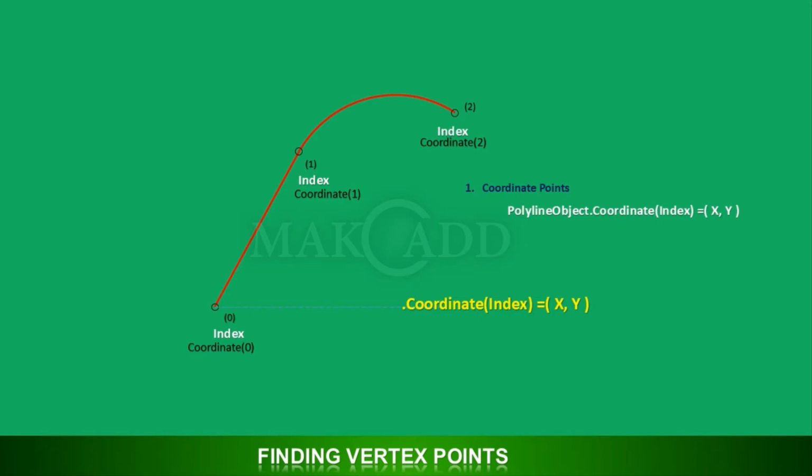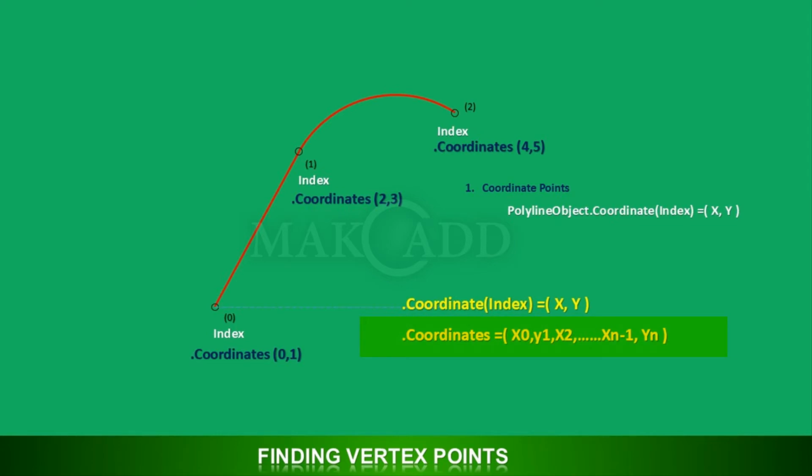Then there is another function, Coordinates, which returns the list of all values from all vertices in a polyline. That means the total number of coordinates in a 3 vertex polyline will be 6, with the index numbers starting from 0 to 5.